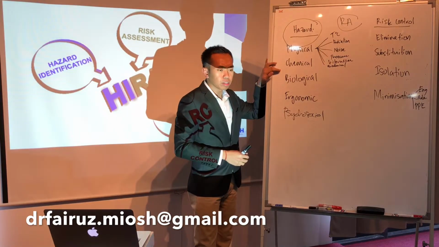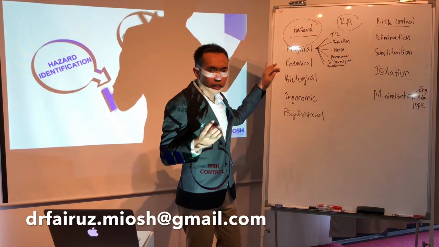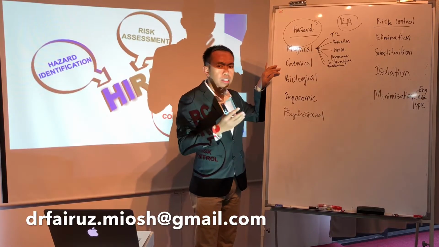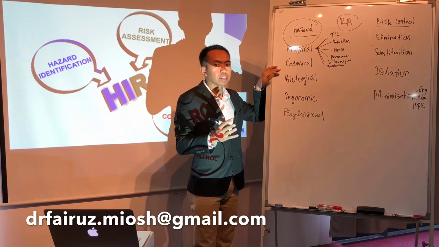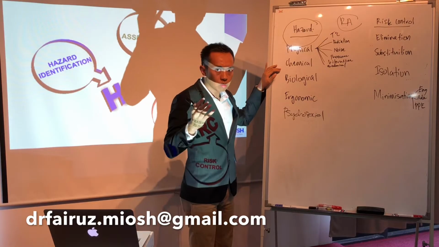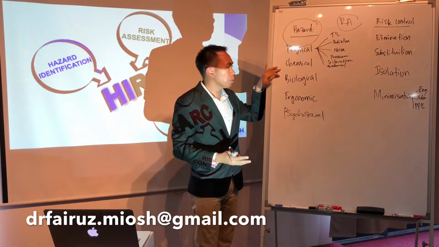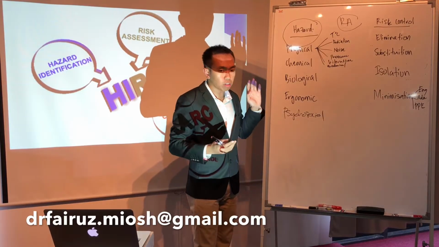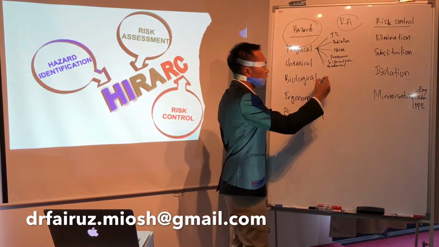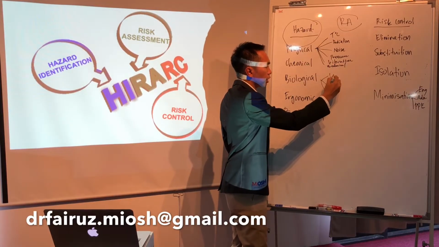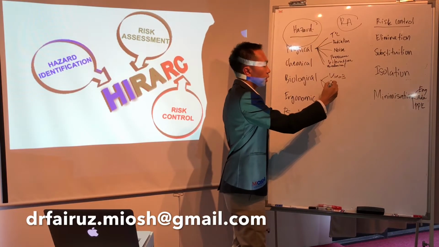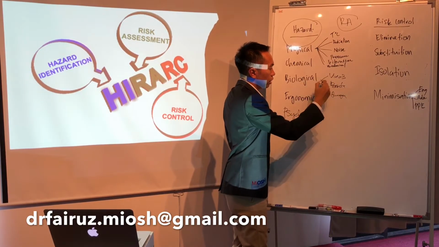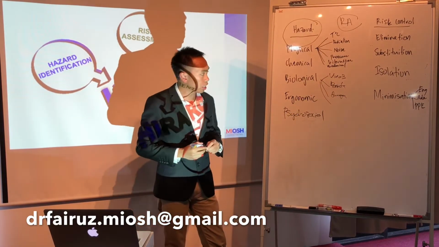Okay, chemicals. I believe there are billions of chemicals in the world. The majority can cause harm to the workers at the workplace and also the environment, so we must have some control on chemicals. Biological as well. There are many biological hazards at the workplace, like viruses, bacteria, fungi, and other microbes.